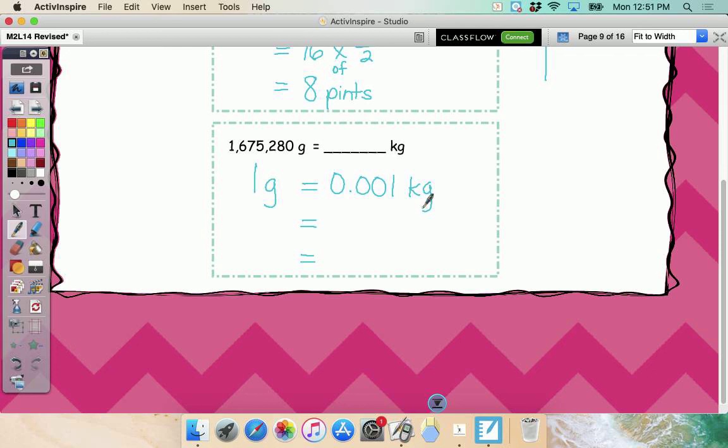Okay? So, Destiny, what's my multiplication problem need to be? 1 million. Good. Now, when you write that number, I would leave your commas out, don't you think? Mm-hmm. So 1,675,000, what do I say now? Remember the tricks with the commas? 1,675,000.